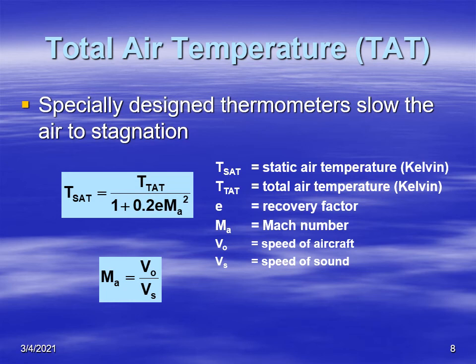And Mach number is the speed of the aircraft divided by the speed of sound. So our equation here shows static air temperature is equal to total air temperature divided by 1 plus 0.2 times the recovery factor times the Mach number squared.